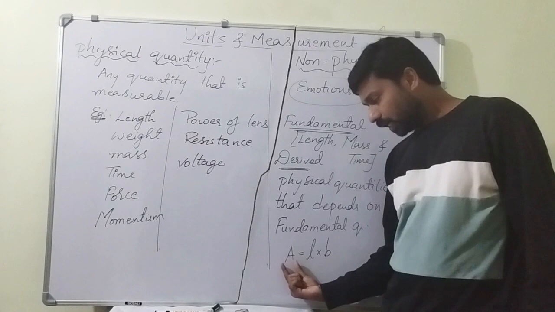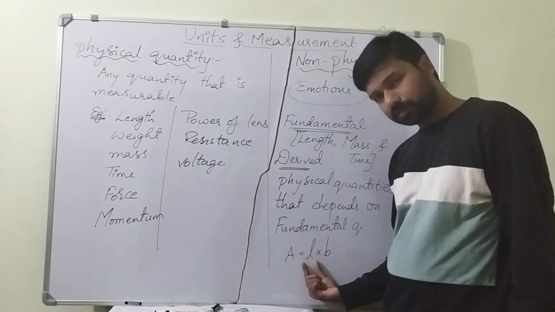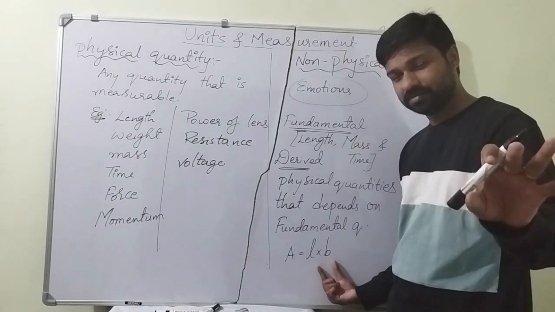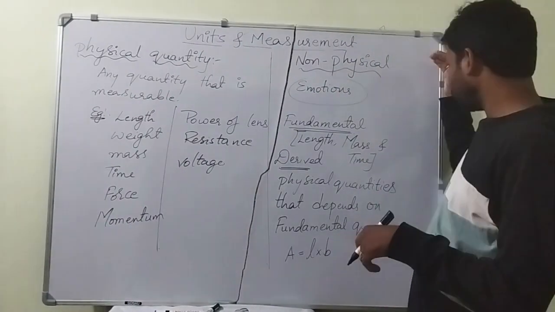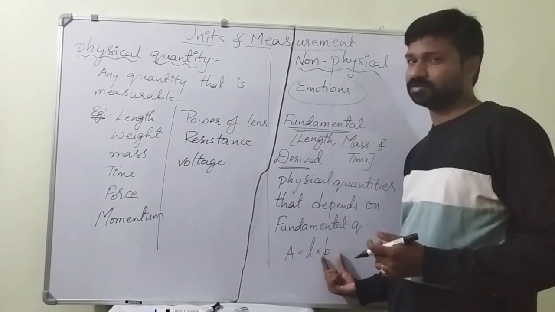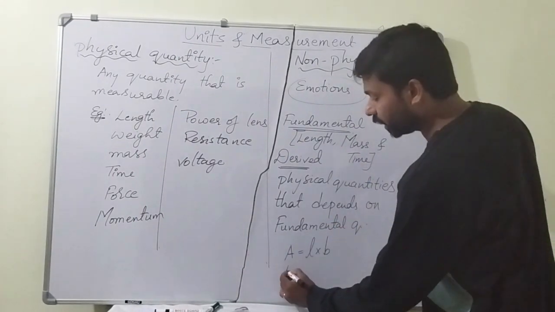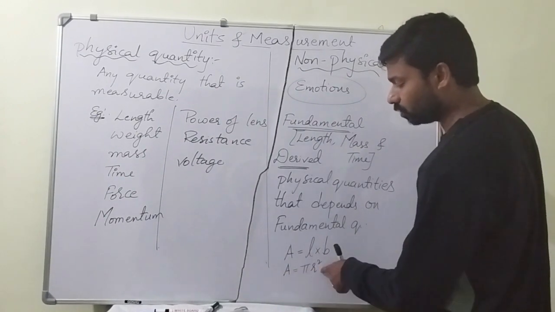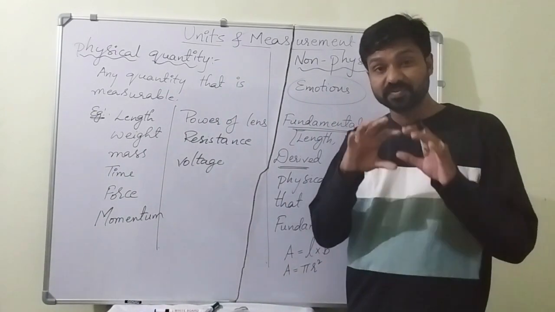If you observe, area depends on length and one more length. Breadth is also a length only, but for our understanding of the shorter length, we use a term called breadth. So this is also length, this is also length. For example, if you take the area of a circle, it is equal to pi r square. It depends on the square of the radius of that circle.